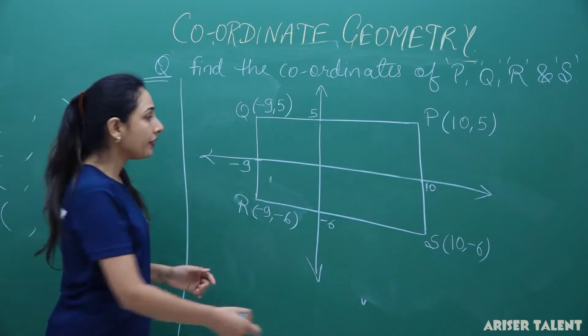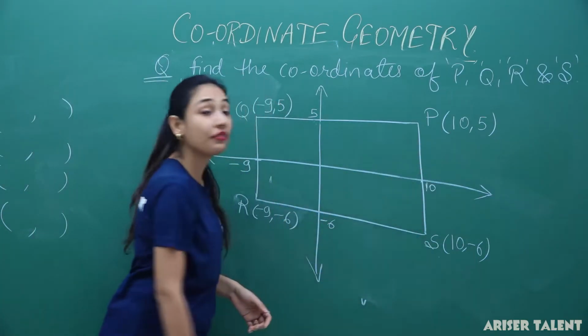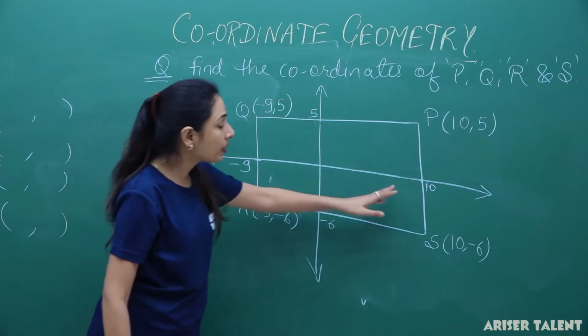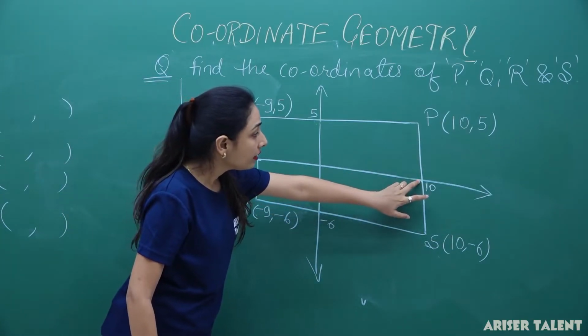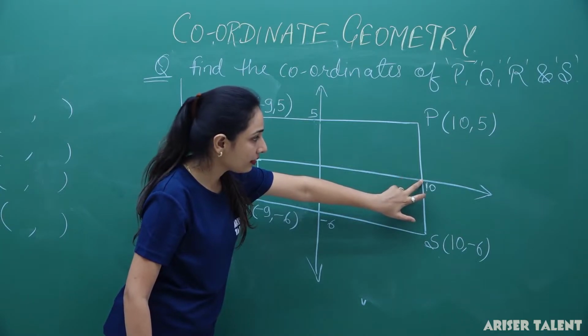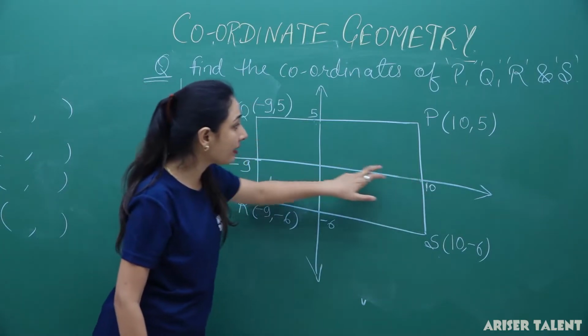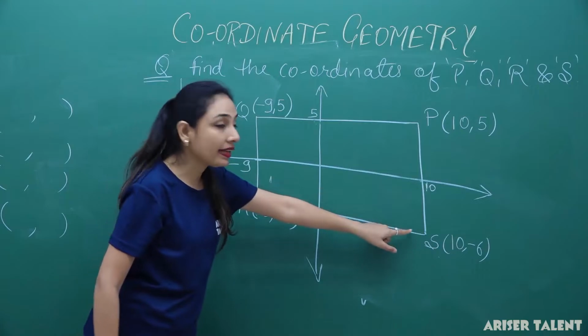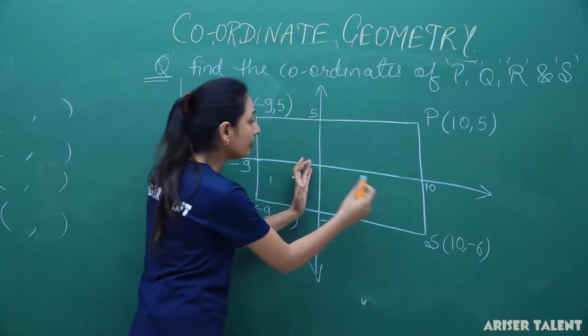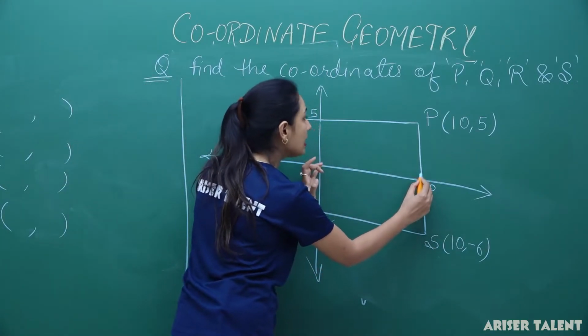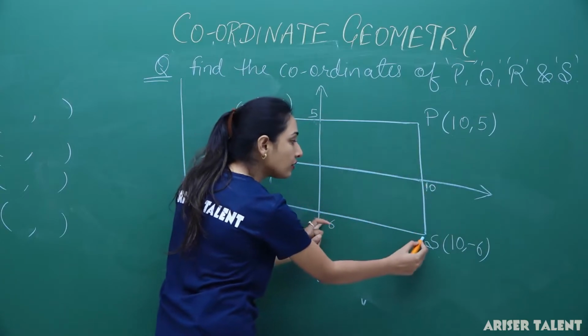Now look at it. You're having a 10 here, a 10 here. Why? Because the distance on the x axis for P and S is the same. Look, this distance is equal to this distance and equal to this distance.